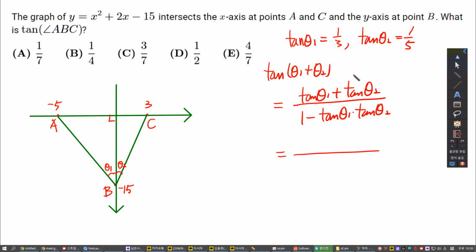So if we put in these fractions, yeah, can you simplify this fraction? So multiply 15 to both sides. E. Yeah, 4/7. Yeah.